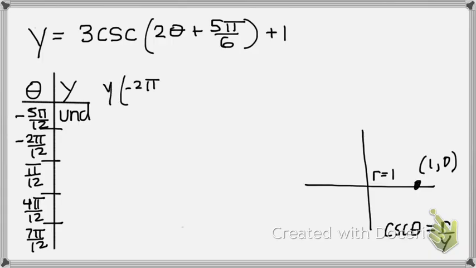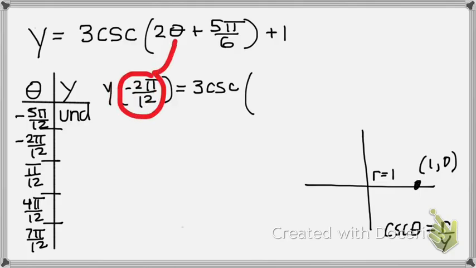Negative 2 pi over 12. And we'll plug in our negative 2 pi over 12. So can we do that? Can we just think, all right, if I plug that in here, I'm going to have 2 times negative 2 pi over 12.